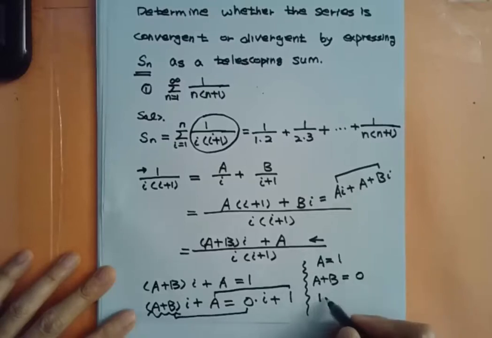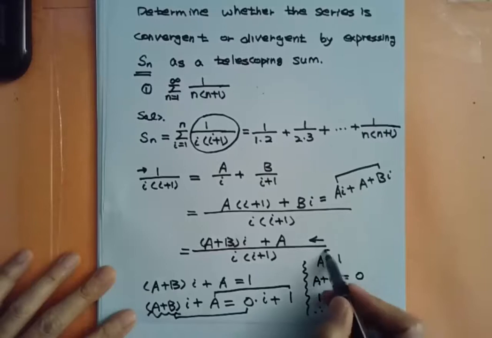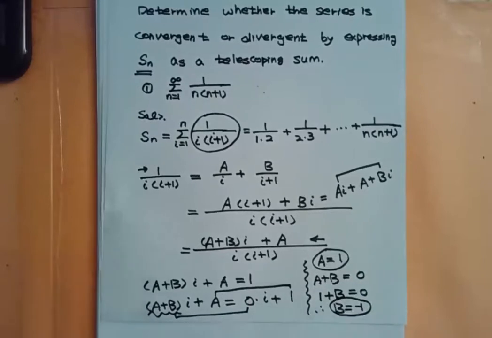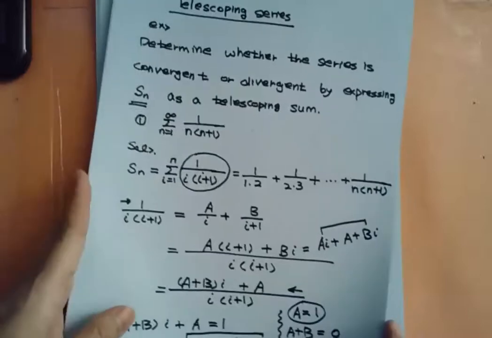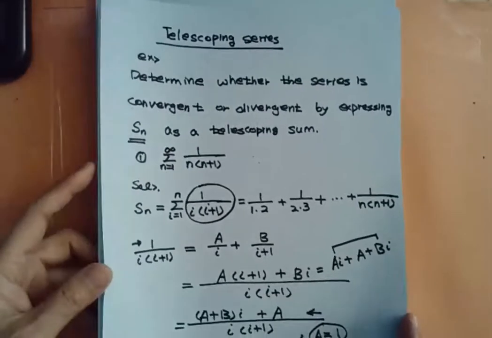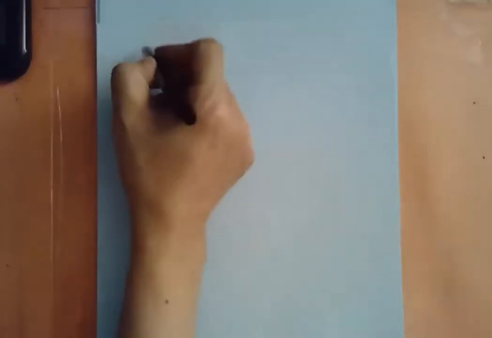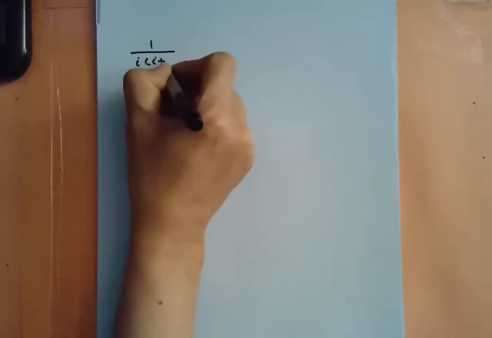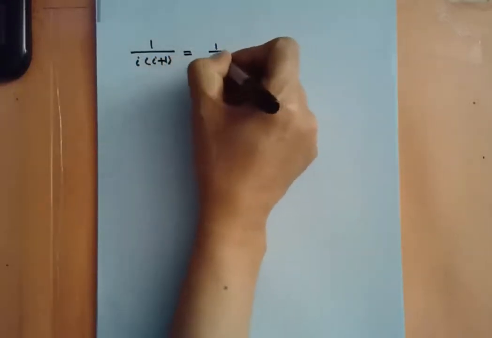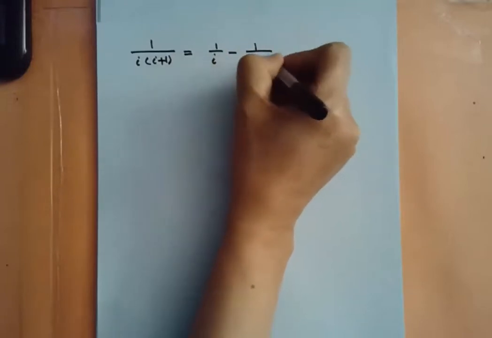So 1 plus B equals 0, so B equals -1. So we finally write the fraction 1 over i times i plus 1 as 1 over i minus 1 over i plus 1.